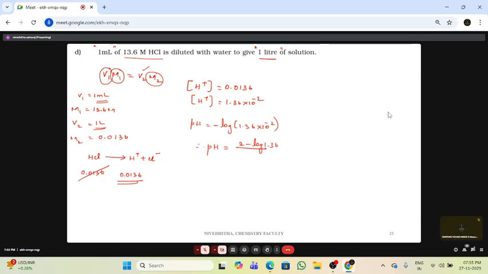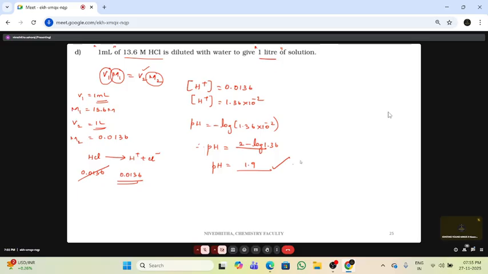So find the value of log 1.36, substitute it here and simplify. Rakshan, what is the answer? Okay, Mutalakshmi's answer is 1.9. Yes, it is right. That's it.